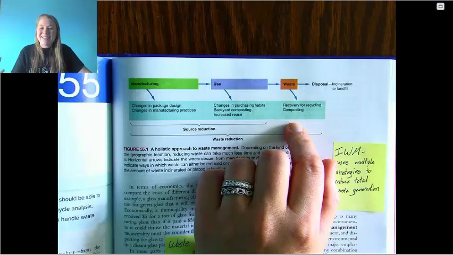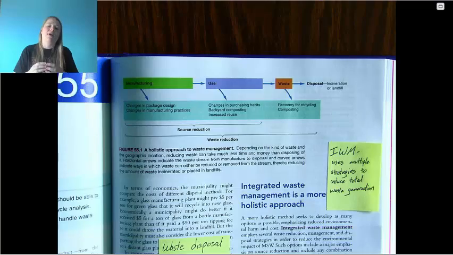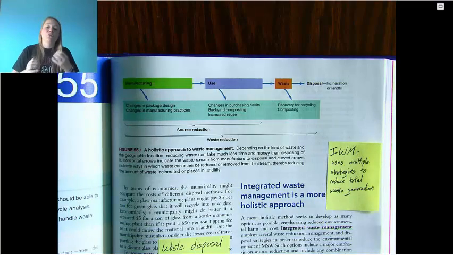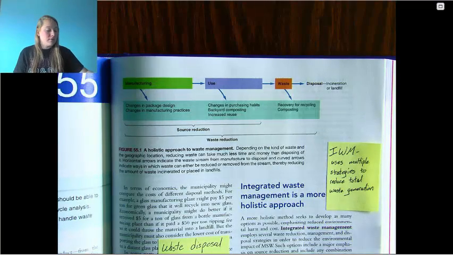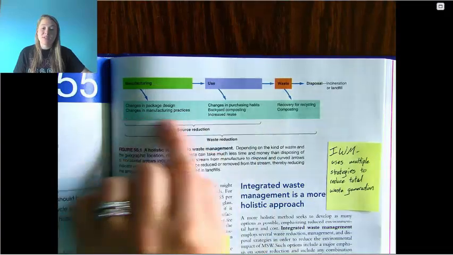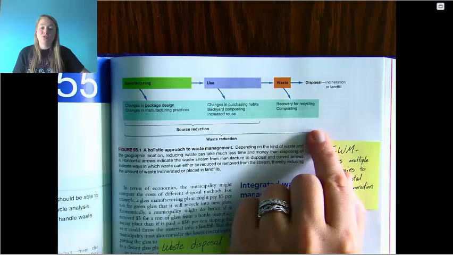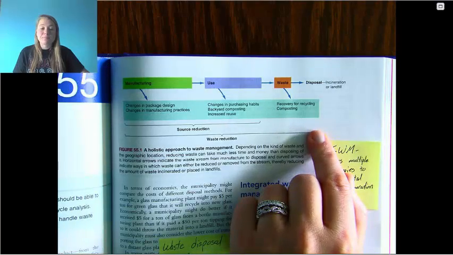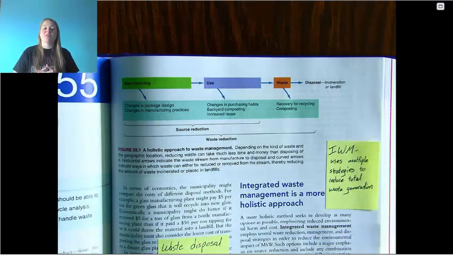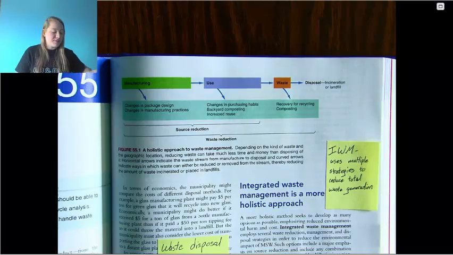And then the waste at the end of that life cycle, is there any part of that product that can be recovered through recycling or composting? So we're trying to reduce the source of the waste, and we're trying to reduce the overall waste. So integrated waste management is trying to use these multiple strategies.